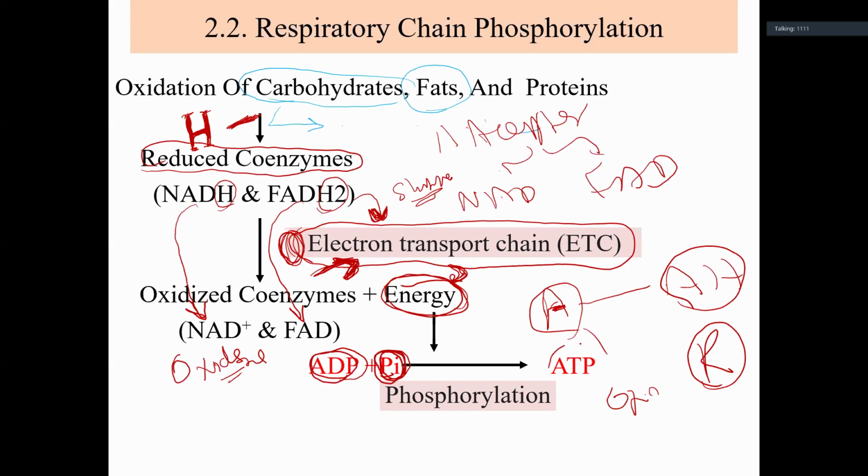to make ATP. And what is your idea? How much energy should it be to add one inorganic phosphate to ADP? More than 7.3 kilocalories. 7.3 kilocalories. Is this clear?